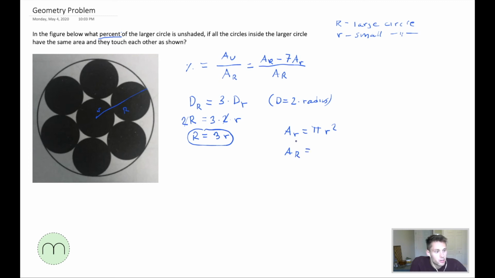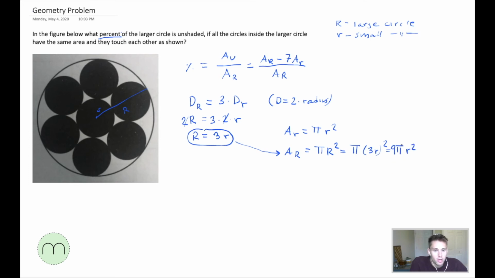We know that the area of the large circle equals pi times capital R squared. And now we're going to use the relationship we just found to define it in terms of the small r. So this is pi times 3r squared, which equals 9 pi r squared.